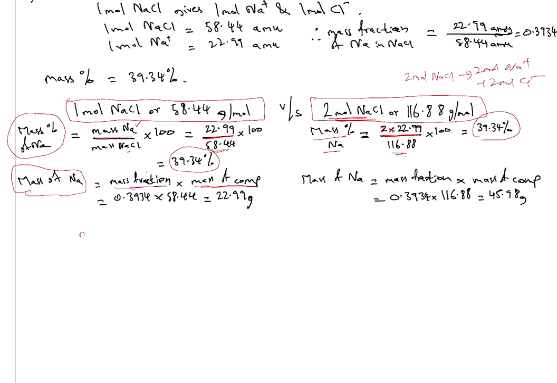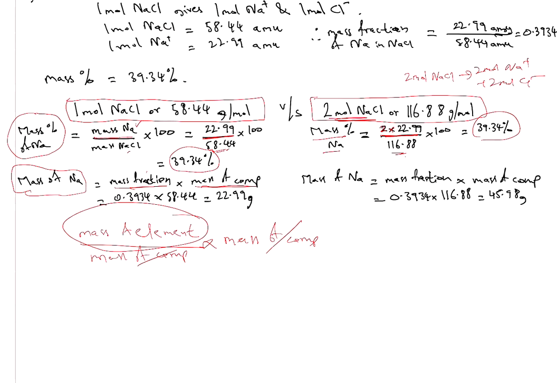So if I write mass fraction as mass of element divided by mass of compound, and of course I have to multiply that by the mass of the compound, then these two will get cancelled and you will be left behind with mass of the element.